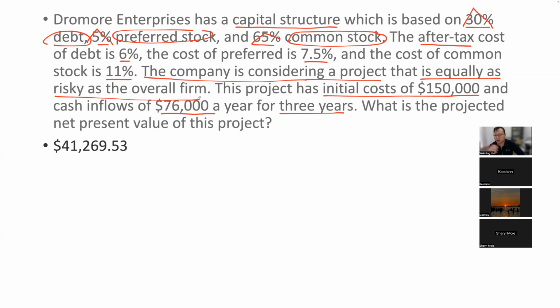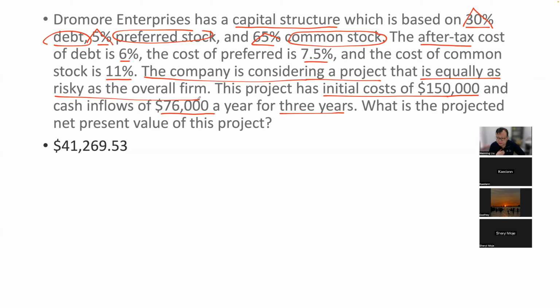The return goes along with the risk, right? If the risk level is the same, then the expected return of the project should be the same as the expected return of the firm, right? So now the question becomes, how are you going to calculate the expected return of the firm, right? And that will be the cost of capital, right?